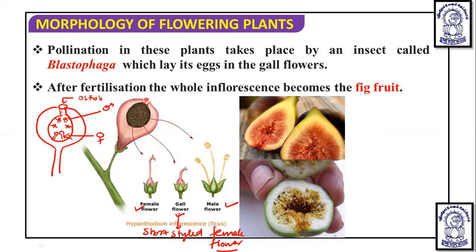Pollination of this plant takes place by an insect called Blastophaga, which lays its eggs in the gall flower. After fertilization, the whole inflorescence becomes the fruit.